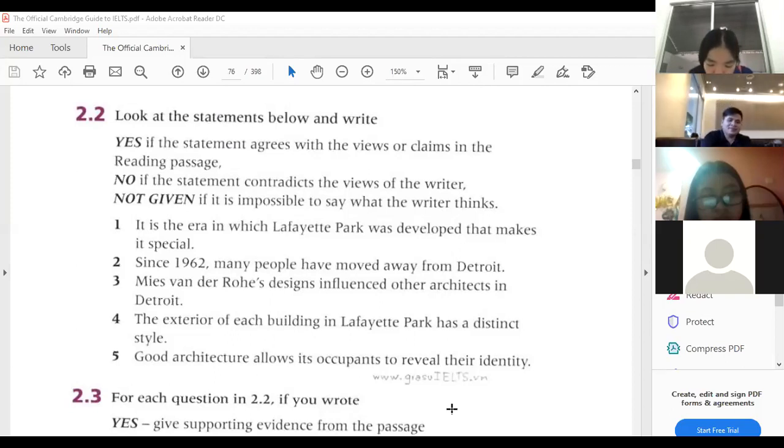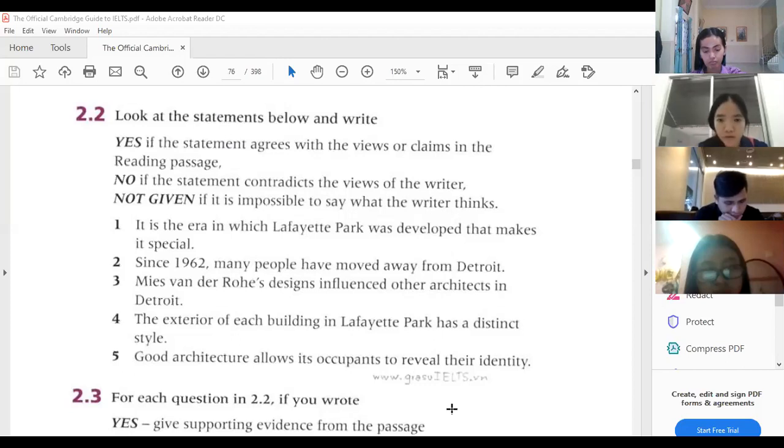Only number one cannot find. Shall we check the answers now or not yet?